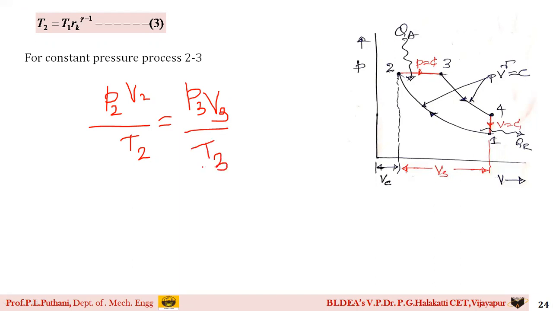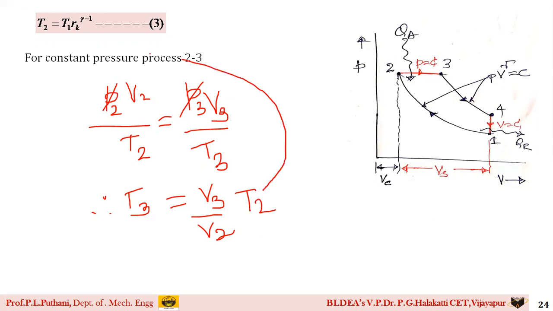Since 2 to 3 is a constant pressure process, my PVT relation is V2 by T2 is equal to V3 by T3. Or what I can write, students, is T3 is equal to V3 by V2 into T2.